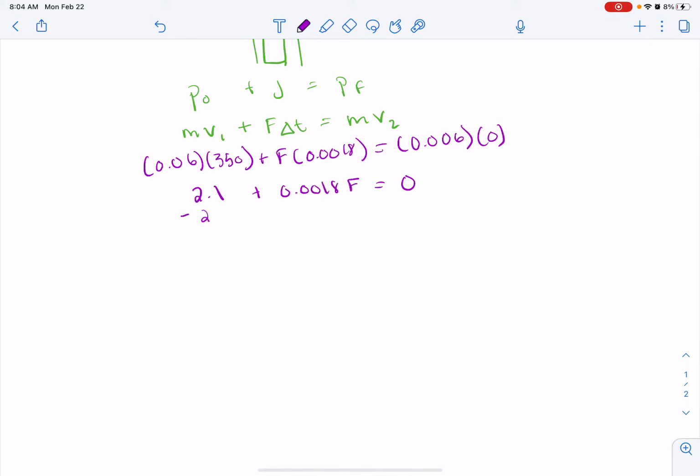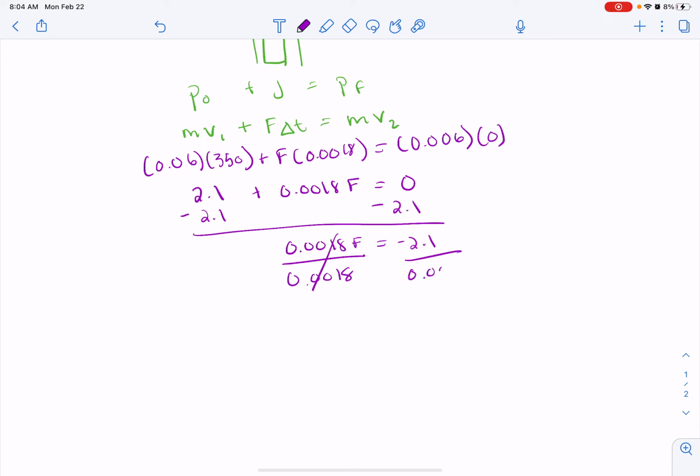Subtracting 2.1 from both sides, I get 0.0018F equals negative 2.1. Then I divide by 0.0018, and in my calculator I get negative 1,166 newtons. That's my final answer.